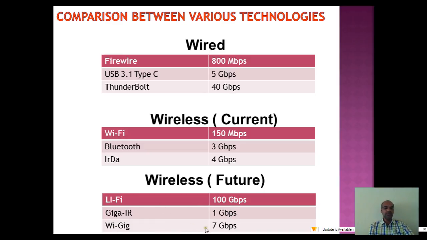Another technology called WiGig technology, that is Wi-Fi gigabit technology, has a capacity of 7 Gbps, and this is also short range communication, and within 10 meters we can use it. The first version of WiGig technology was initiated in 2010, and the second version was released in 2013.